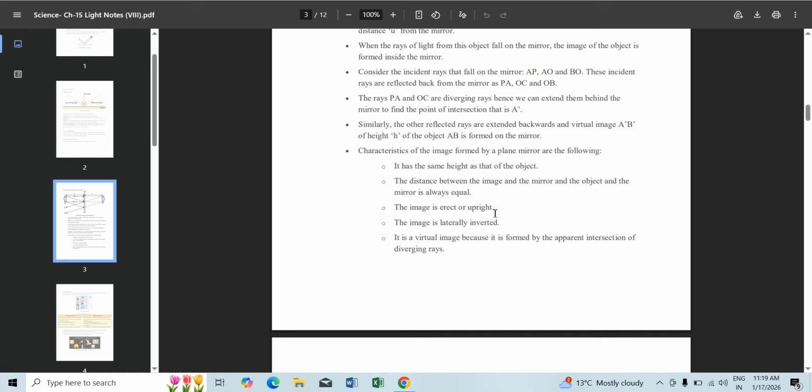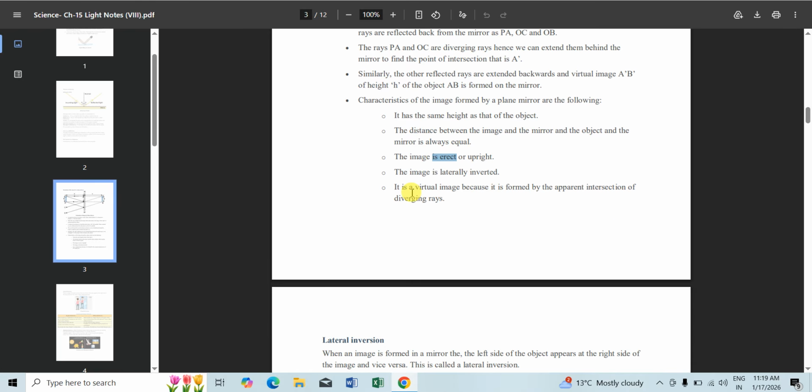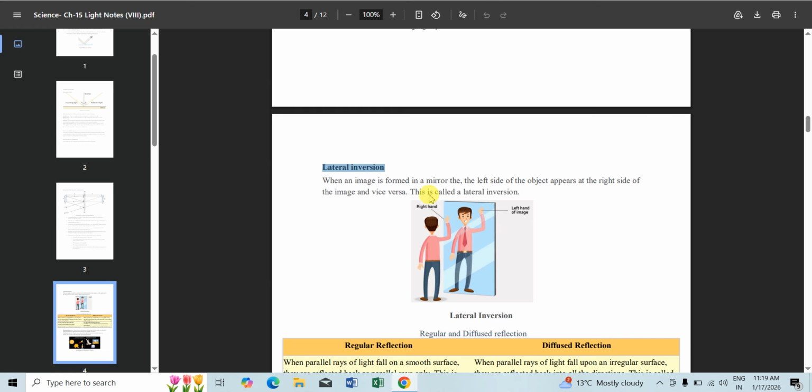The image would be correct, you would say erect. The image is erect, and the image is laterally inverted. We will talk about lateral inversion. And it is a virtual image because it is formed by apparent intersection of diverging rays.